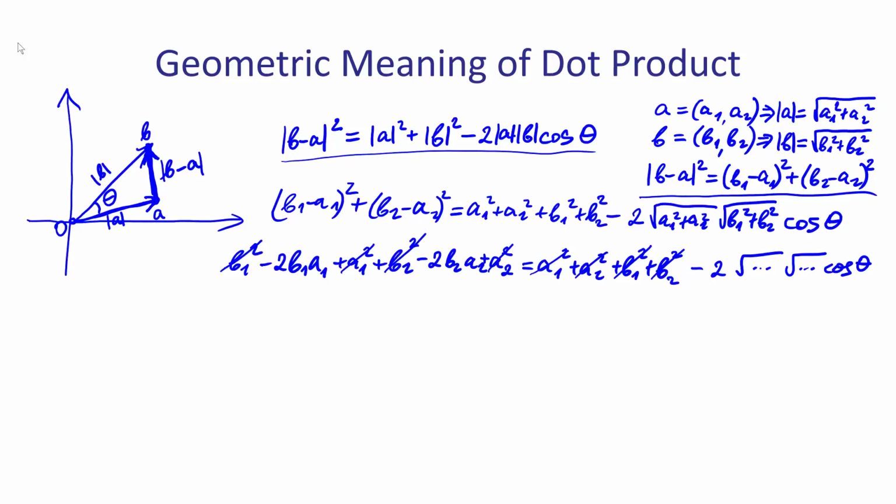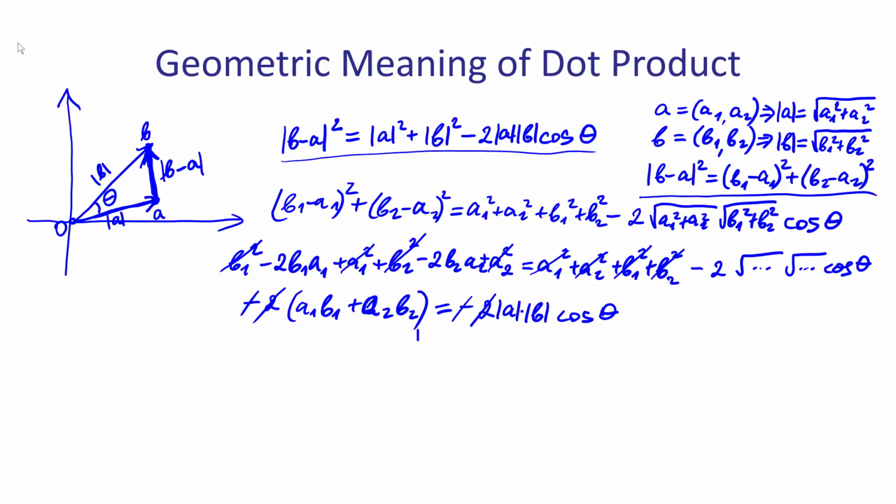What is left is minus twice a1 b1 plus a2 b2 equals minus twice a b cosine theta. So you can also cancel the 2 and the minus.